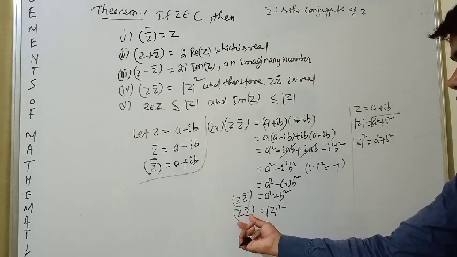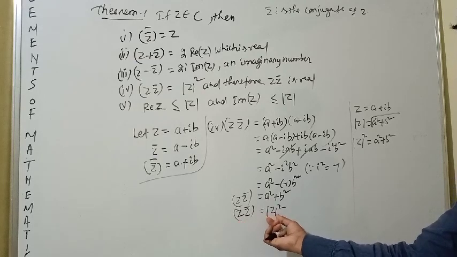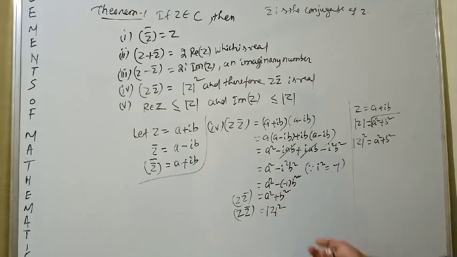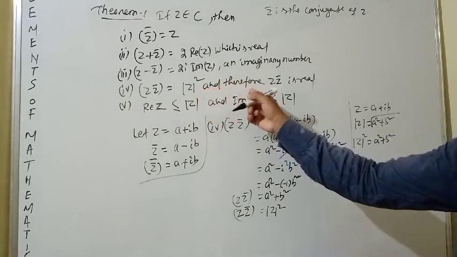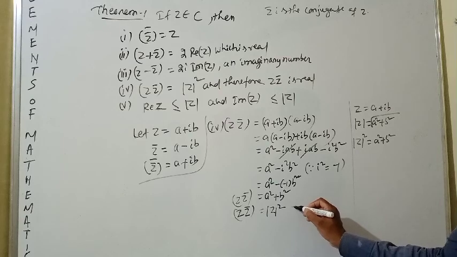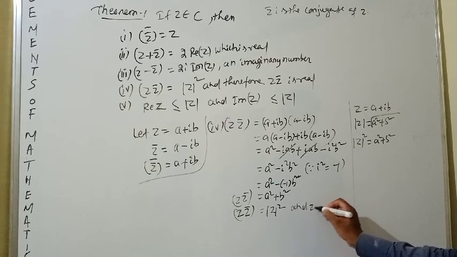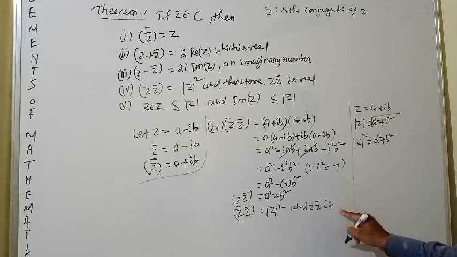So Z into Z conjugate is equal to modulus of Z square, and therefore Z times Z bar is real.